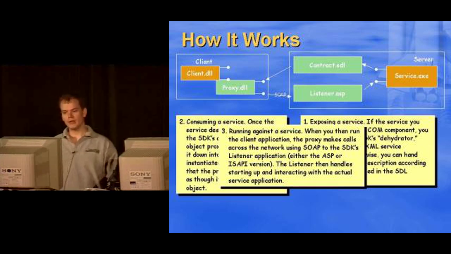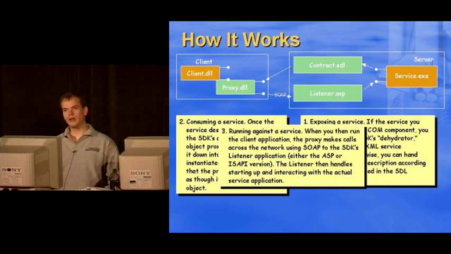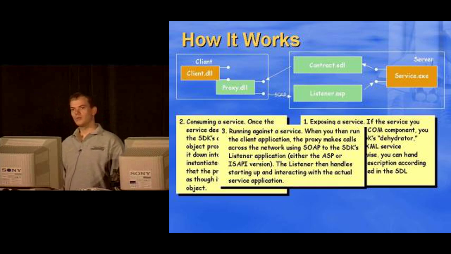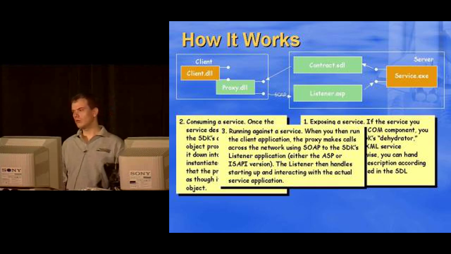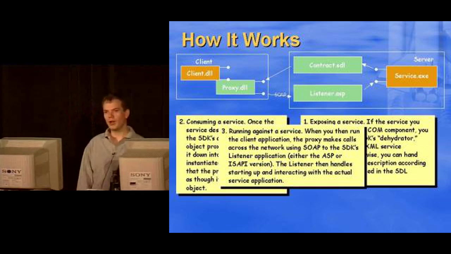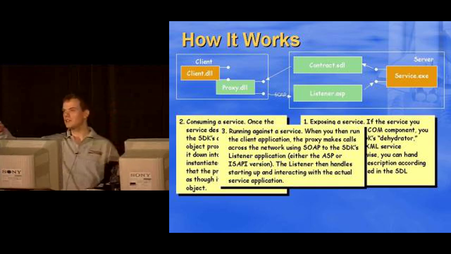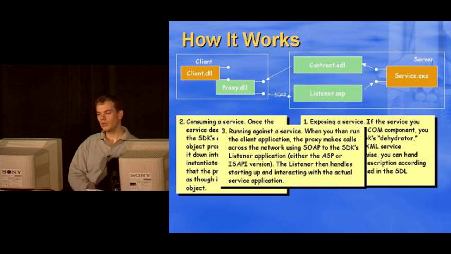The cool thing about this is, again, it's all abstractions. So if the server stuff were all in Unix, it would still work. You would have to write the SDL yourself, or create a tool that would expose the SDL, or buy a tool. You would probably have to create your own listener application or use one like the one from Developmentor. But our proxy could still take that SDL and instantiate it as a COM component.